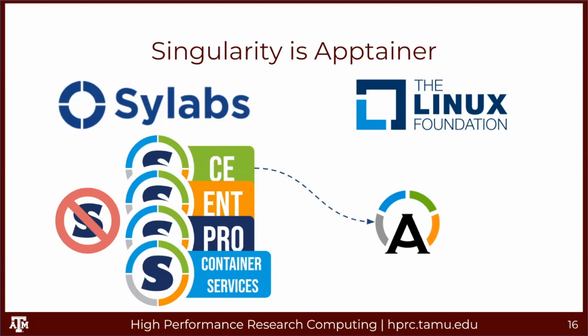Instead, it's just for everyone to freely use. The code underneath is the same as far as I understand. It's just a matter of branding. Do you want the free thing from Sylabs or the free thing from the Linux Foundation? Sometimes you'll see Singularity, sometimes you'll see Apptainer. It just depends on what the local site administrator decided to go with.